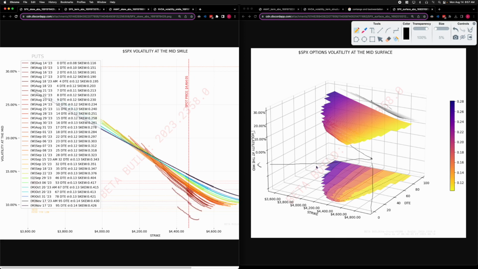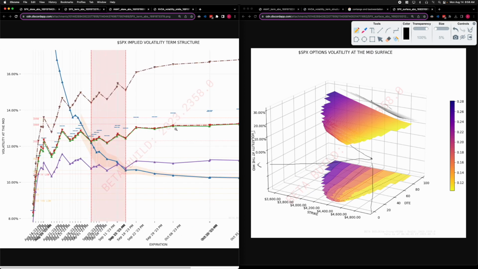But okay, so we've covered in a really rudimentary way that if we slice the vol surface along the z-axis, then we can get this skew chart. But what happens if we slice it differently?